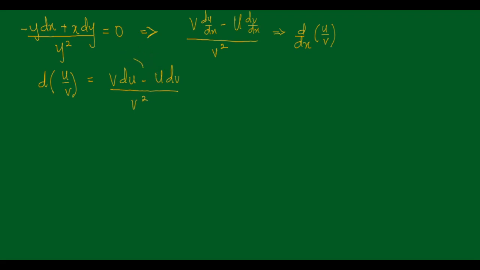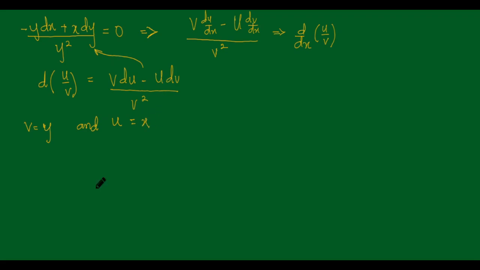Now this looks so similar to the expression that we have here. So we can see that our v is equal to y or minus y as the case may be, and u is equal to x.